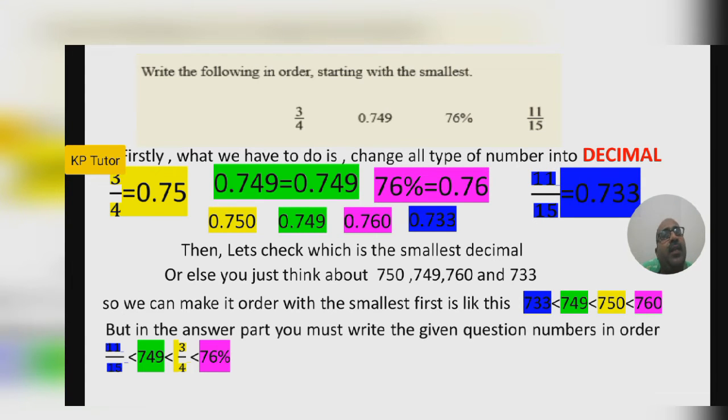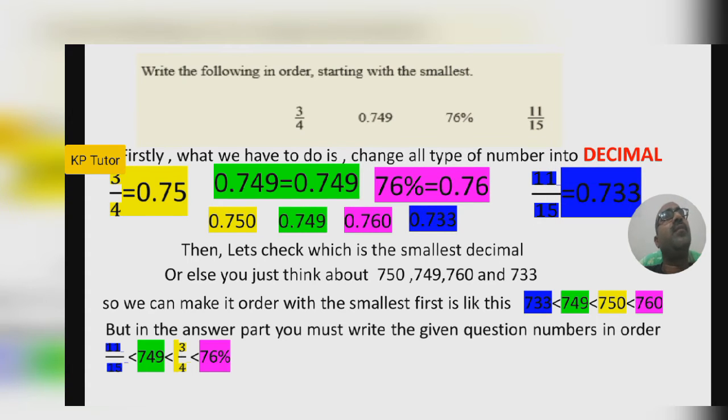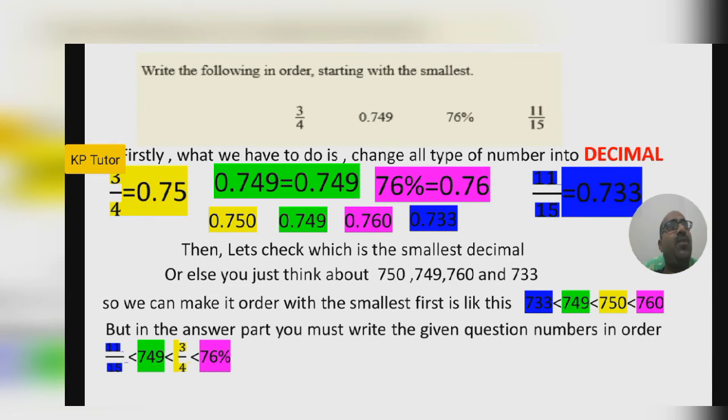Okay, another way is that now we have the decimals. From here also you can find the smallest, if you can, you can do that. But for some students the decimals are very difficult, maybe because of the pressure, and most students will make mistakes. So we can avoid that mistake like this.